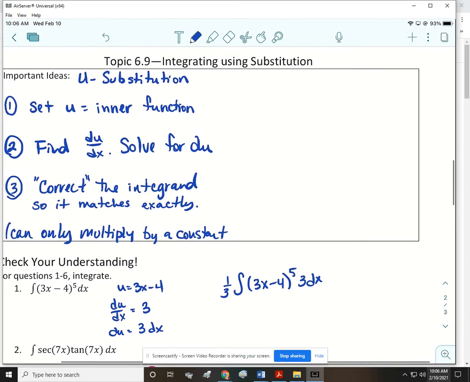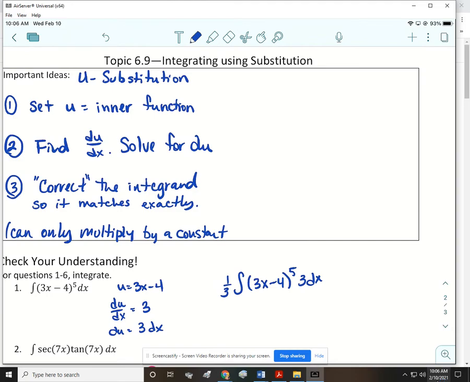All right, then your next step, let me change colors. You're going to rewrite the entire integral in terms of u.